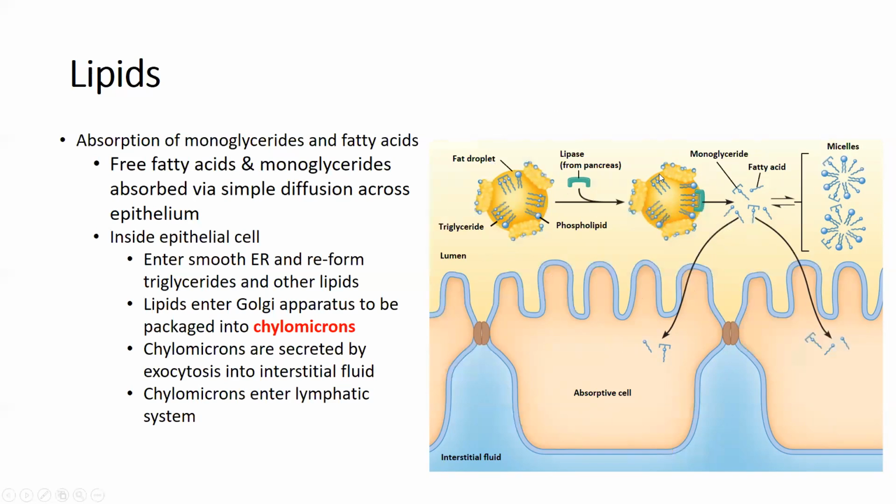They're broken down into their smaller components, fatty acids and monoglycerides, or micelles. So this is either or. These molecules will then be packaged into what's called a chylomicron. This happens in the Golgi apparatus. So the Golgi apparatus is like the post office of a cell. We talked about those organelles within the cell. And in the Golgi apparatus, the fatty acids or monoglycerides are packaged very nicely into chylomicrons where they can move around in an aqueous solution very easily, right?